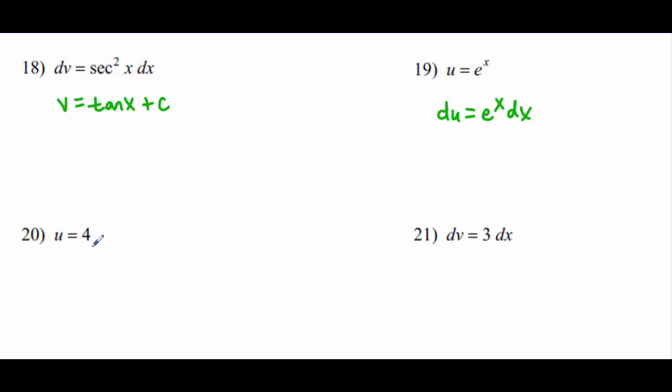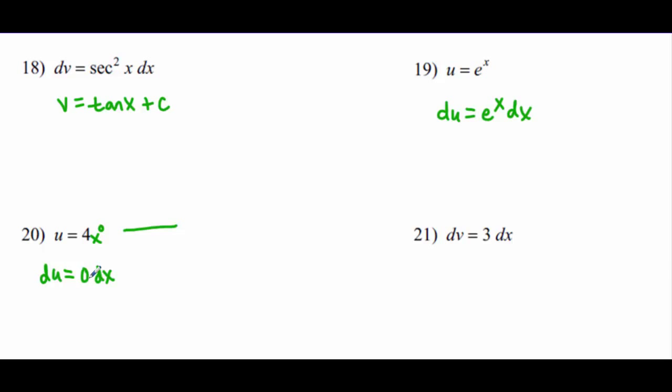If u is 4, and you're taking the derivative, remember the derivative is slope. So this is a horizontal line at 4. What's the slope of that? It's 0. It has to do with the fact that there's an x to the 0 power here. We're multiplying by 0 then, and that's what gives us 0.